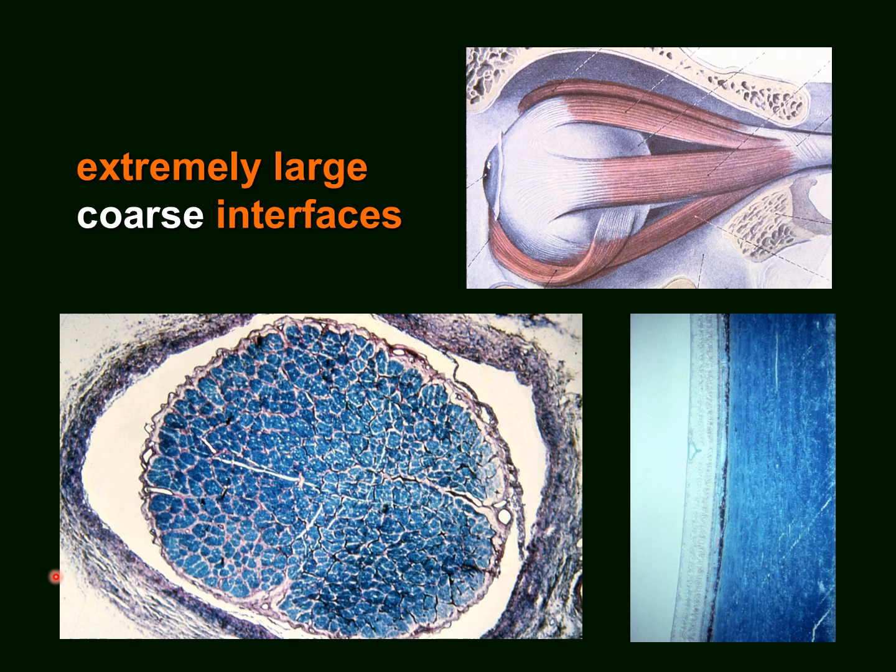And such extremely large coarse interfaces in the eye and orbit are, for instance, the surface of the optic nerve, a very coarse surface, the dural surface, the surface of the muscle sheaths, and the sclera.